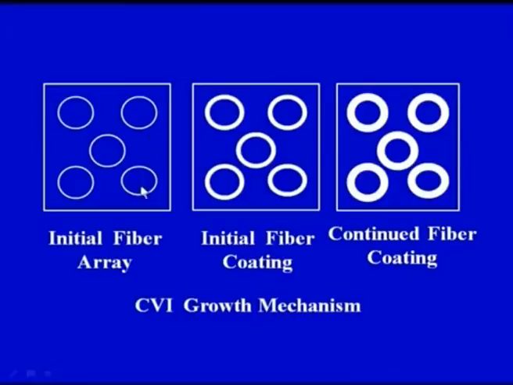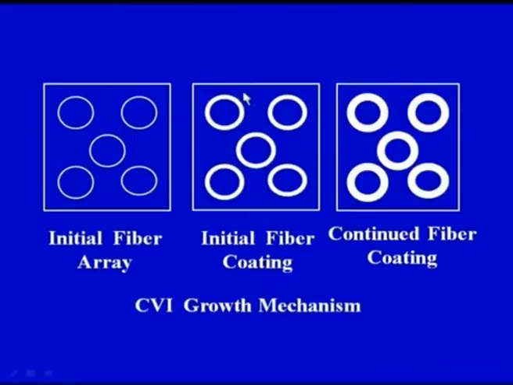When the gaseous reactants are passed through the porous medium or the porous reinforcement, the diameter is increasing. Why? Because of the deposition of the solid material, which is coming from the gaseous reactants. Because of the reaction taking place, the solid material is deposited on the fiber.